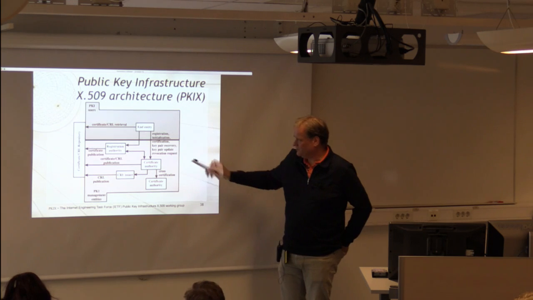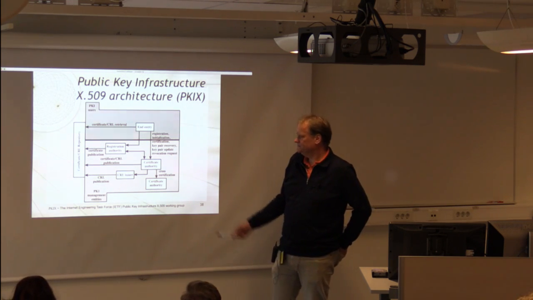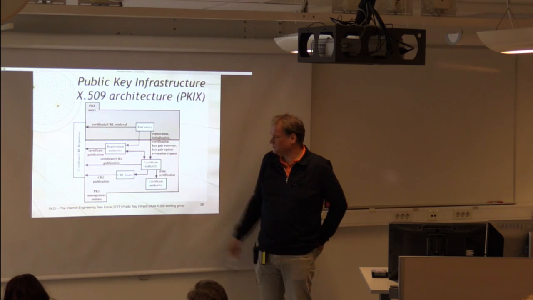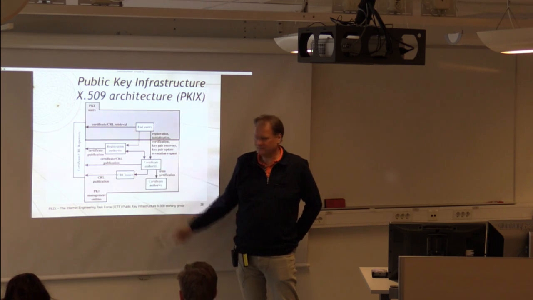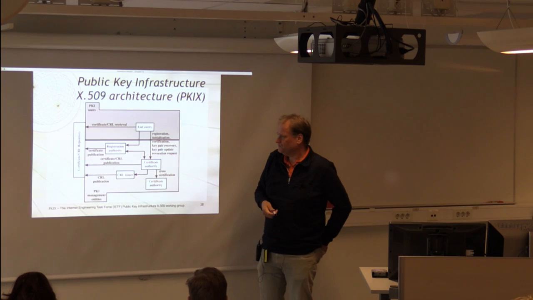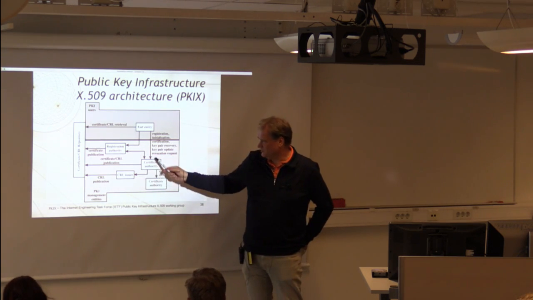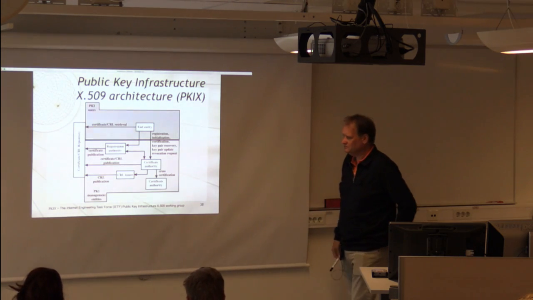In the CA part here, we have, as you see, different types of actors. We have certificate authorities themselves. We have something called a registration authority, who helps to manage this revocation list. The certificate authorities can use special revocation issuers.